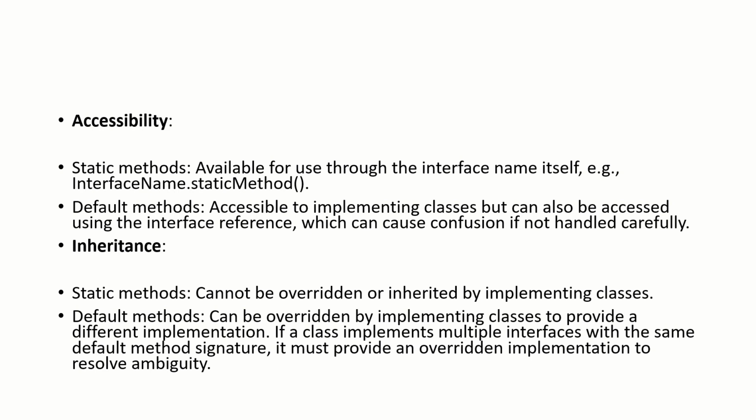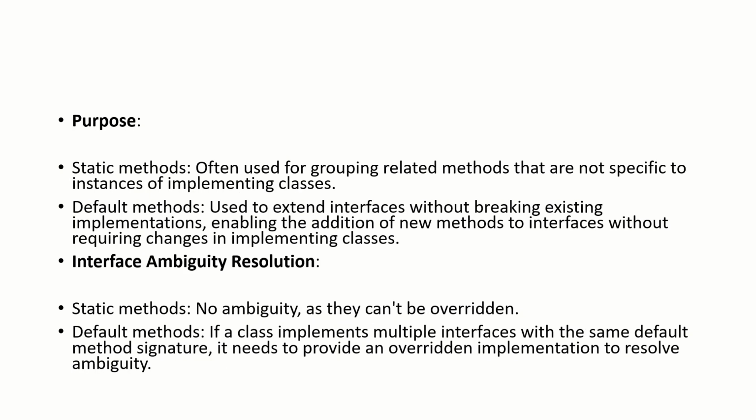Default methods can be overridden by implementing classes to provide a different implementation. If a class implements multiple interfaces with the same default method signature, it must provide an overridden implementation to resolve ambiguity.